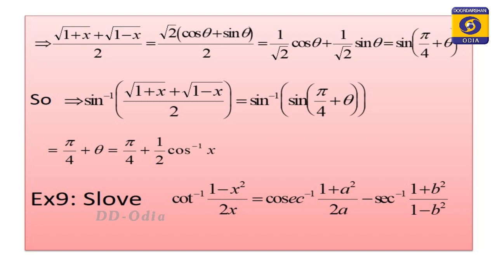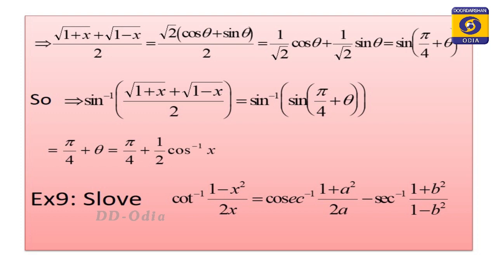So root over of 1 plus x is plus minus, it is evaluated but take plus only because sin theta and cos theta are positive. So root over of 1 plus x is root 2 cos theta, root over of 1 minus x is root 2 sin theta. Now it is your root over of cos theta plus sin theta by 2. So dividing we get sin of pi by 4 plus theta after simplification.